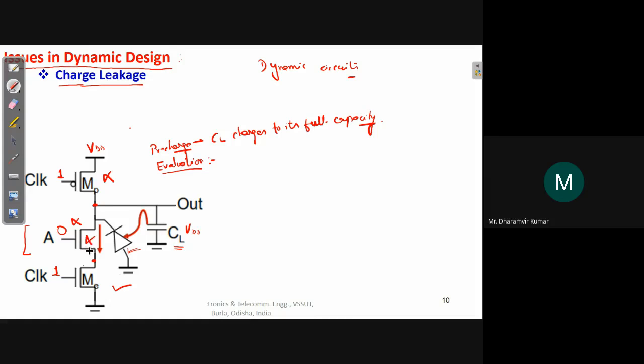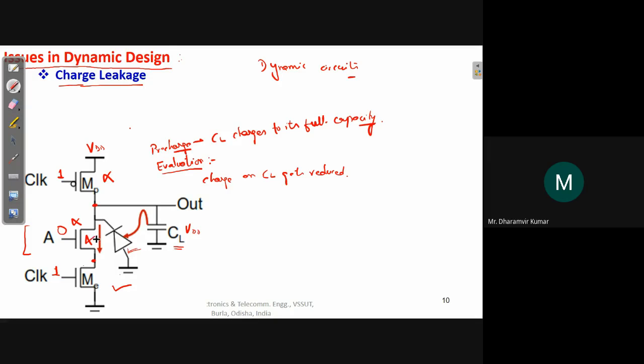the charge which was there on CL gets reduced, because of the leakage currents that are flowing in this branch.